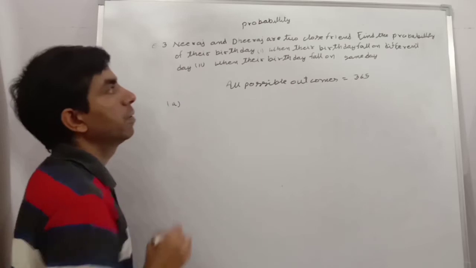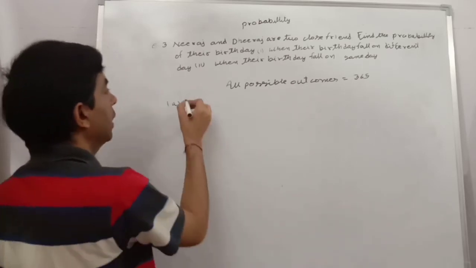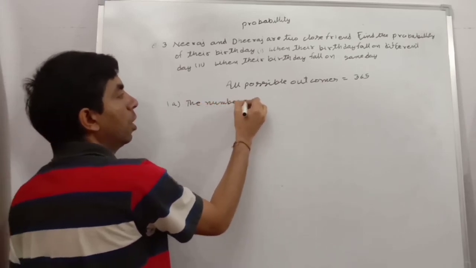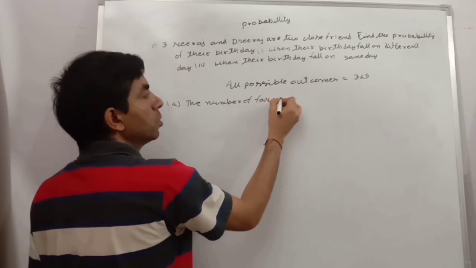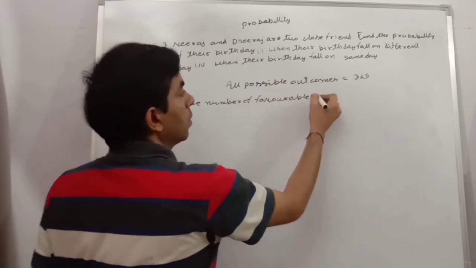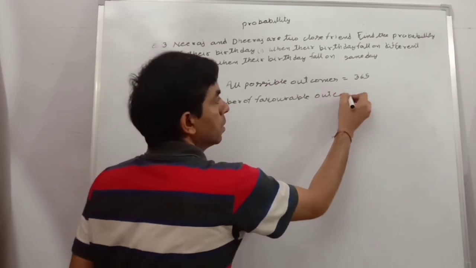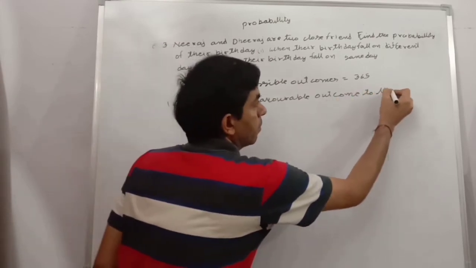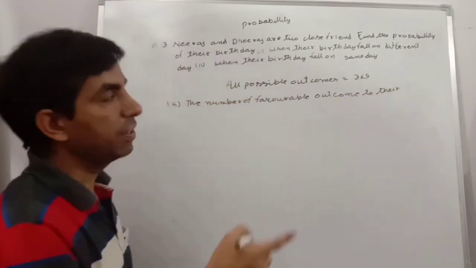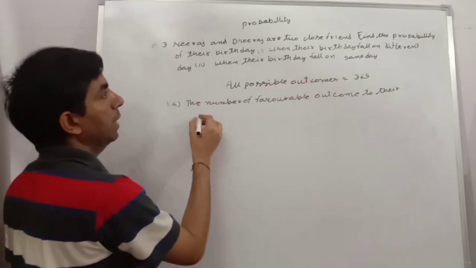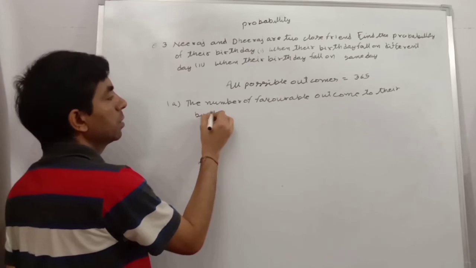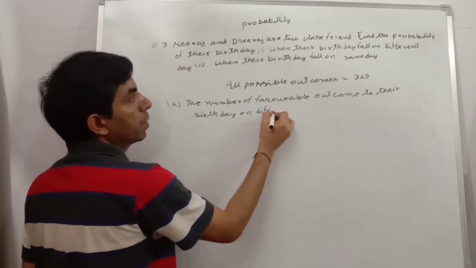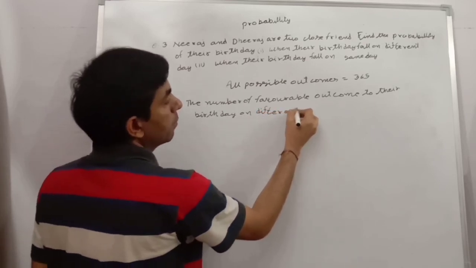Next, for the first part, when their birthdays fall on different days, the number of favorable outcomes, because all the language depends on our question, for their birthdays on different days.